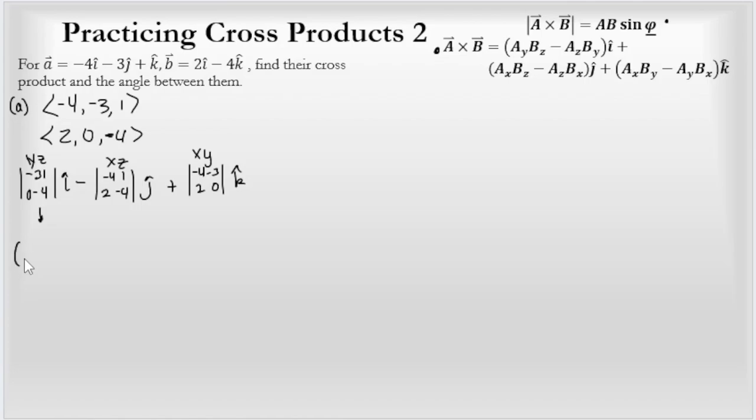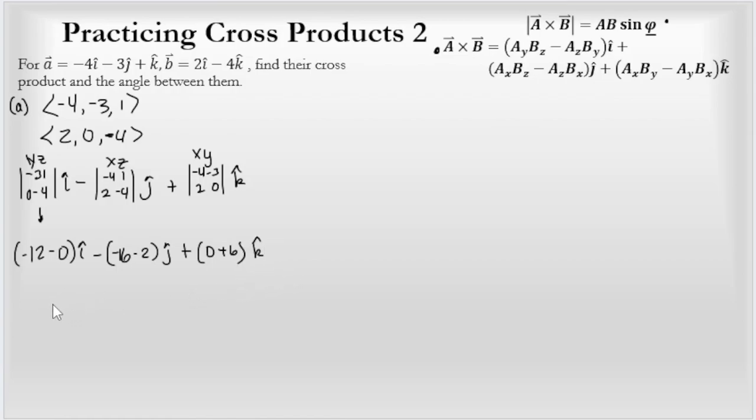I'm going to get negative 12 minus 0 in the I hat direction, minus negative 16 minus 2 in the j hat direction, and then I get plus 0 minus a negative 6 in the k hat direction.